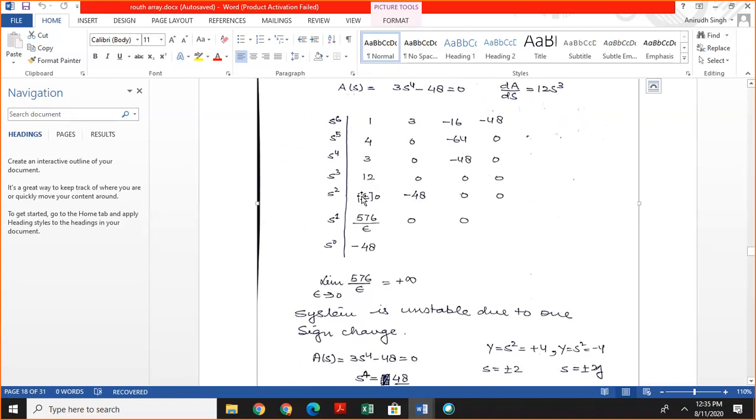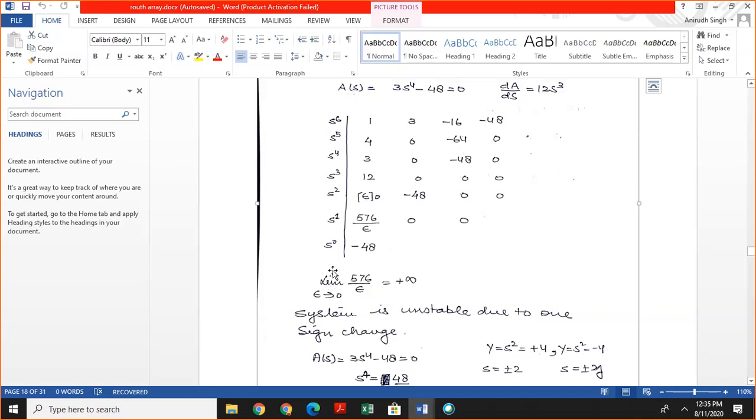So we substitute a small number psi and solve the array for this small number psi. We get the coefficient for this row, and the next coefficient is minus 48.